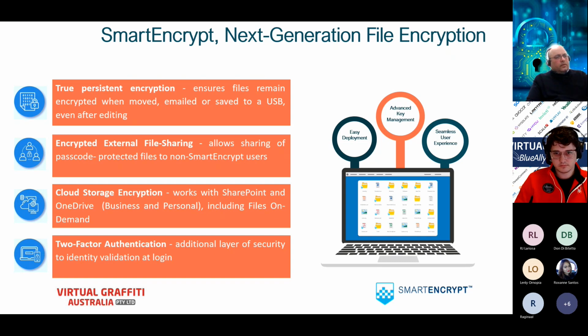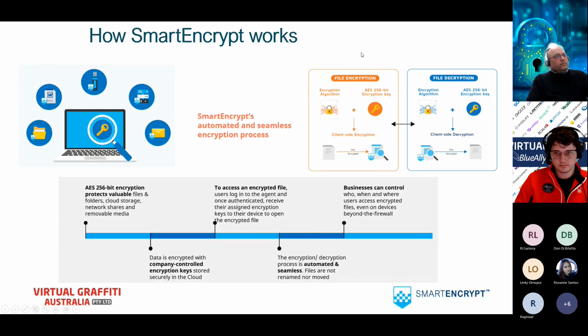Moving on, how does the product work? It's basically a cloud-based encryption solution where the SmartEncrypt solution is hosted on Microsoft Azure data centers, where the encryption keys stay in a vault in the cloud, and an endpoint agent runs on your machines, your endpoints.